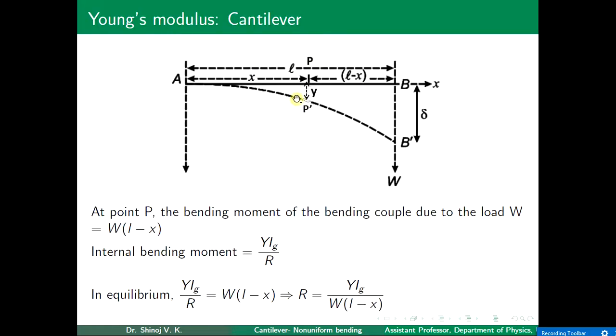At the free end of the cantilever, at the point B, the depression y becomes delta. This is the depression at the free end, the maximum depression, delta, and x becomes L, the maximum length.